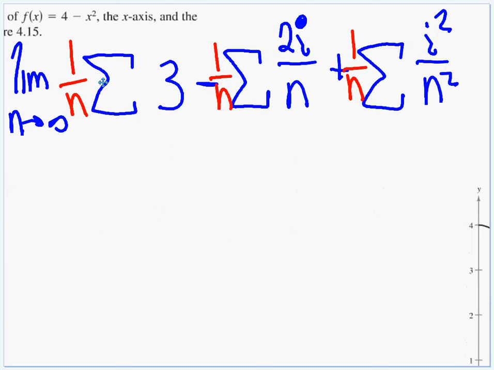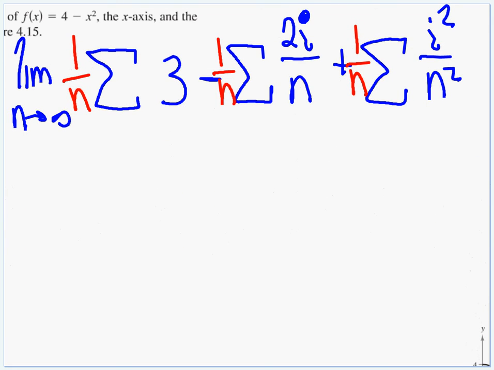Now we're going to look at each of those summations separately, pulling anything we can out to the left. Now I'm going to drop the limit notation for this one step. So our first one is 1 over n summation of 3 minus.